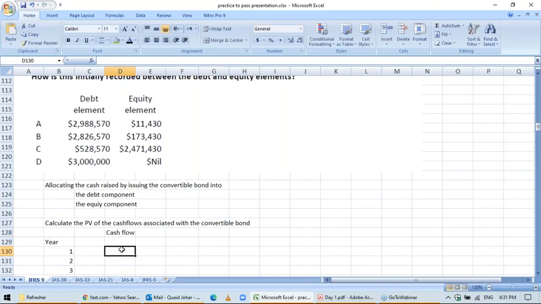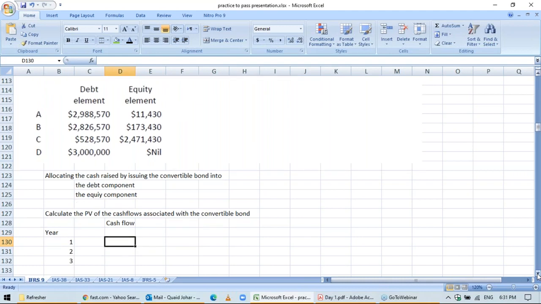By cash flows we mean the contracted cash flows which the issuer will pay to its creditor. So it will include the interest payments, and the interest payments are calculated, as I said before, as the face value into the stated rate. So what is the face value of the bond?